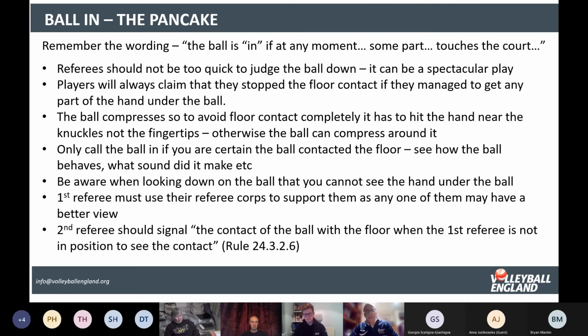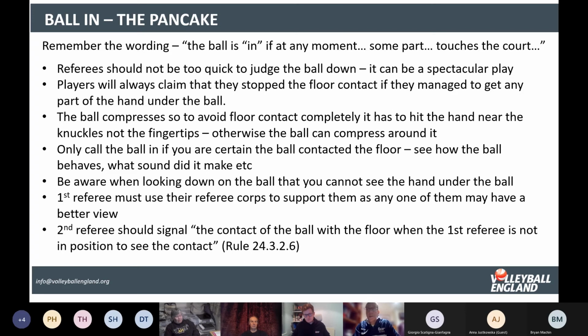Now, on the opposite side of that, the players will always claim that they stopped the ball contacting the floor because they managed to get any part of their hand under the ball. So they might have got just one finger under the ball and claim that that stops it touching the floor.